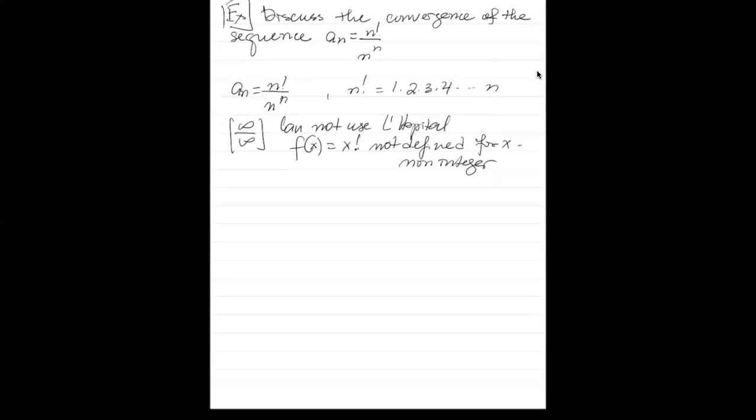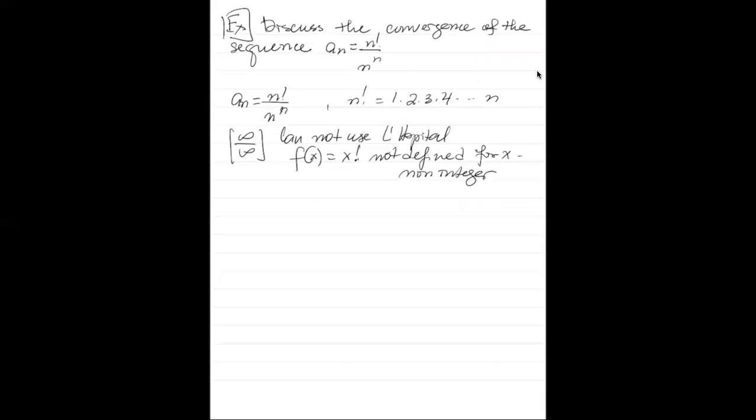If we write the sequence as a function, then we end up with x factorial, but this is not defined for x non-integer. In other words, it's only defined for integers. So we cannot have a function that's not defined for every real number. So let's look at that sequence and list all the elements.